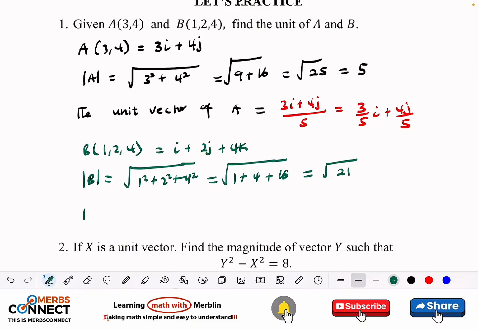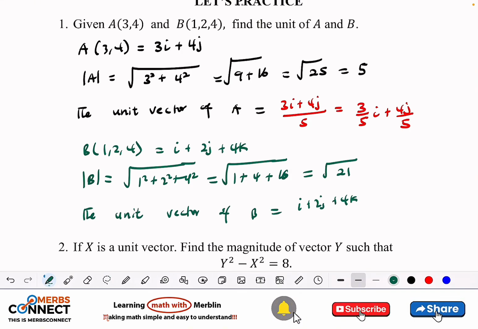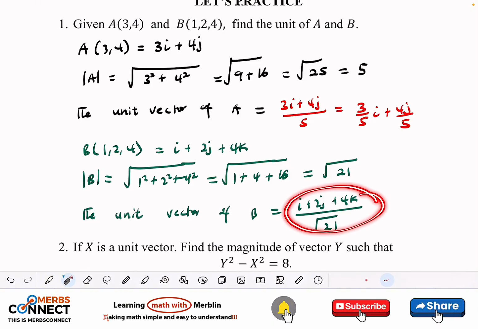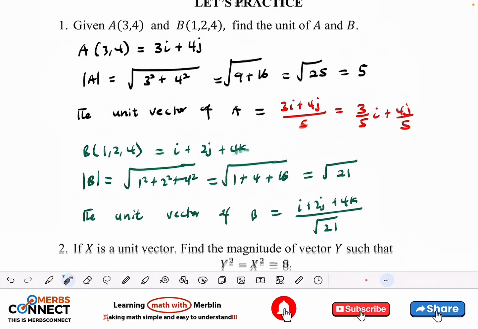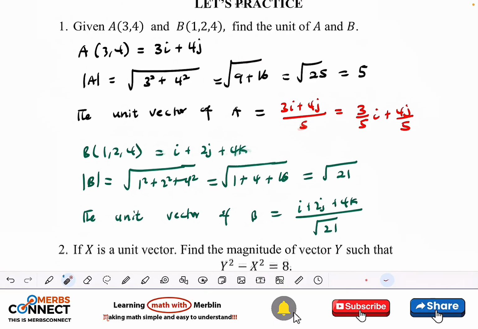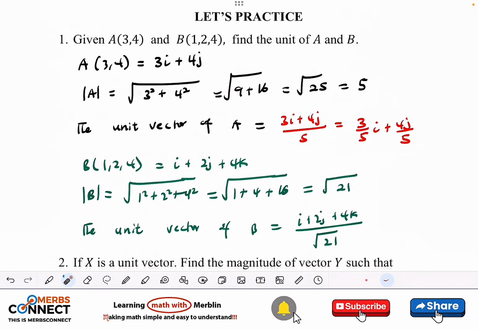So the unit vector of B is equal to the position vector, which is i plus 2j plus 4k, divided by root of 21. This is the unit vector. And when I find the magnitude of this, I need to get 1. So that's one way of verifying if your answer is right.